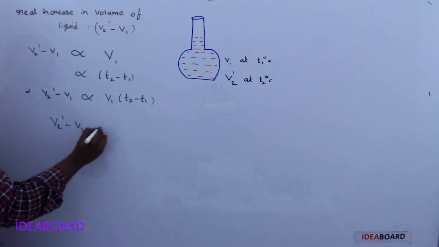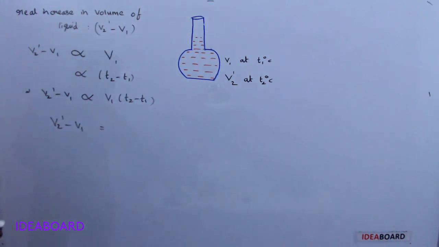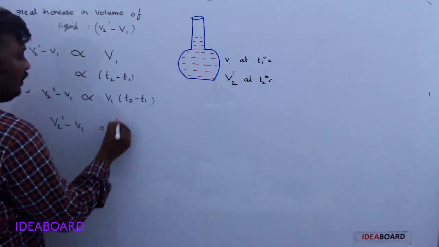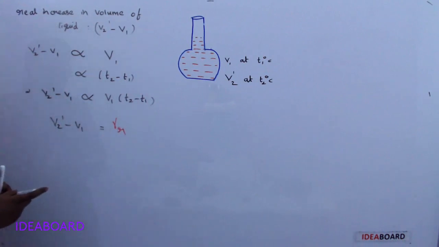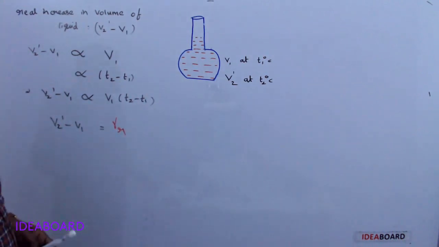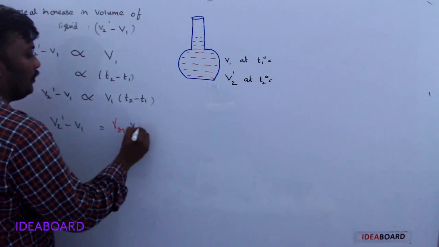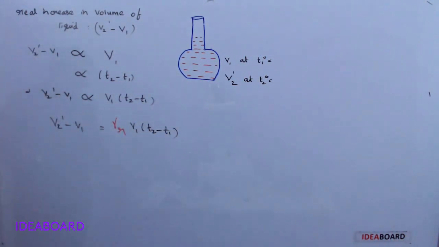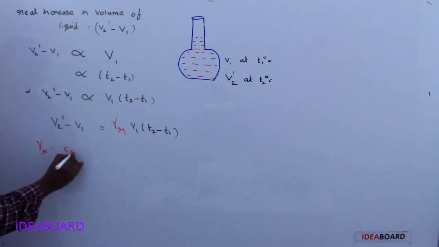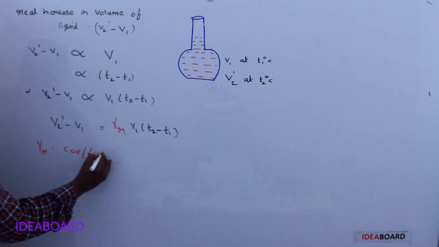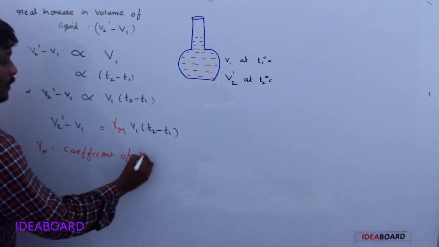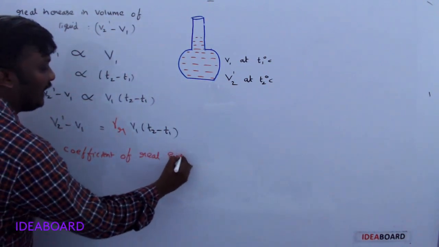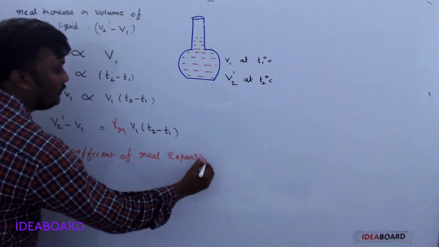So V2 dash minus V1 is equal to some constant of proportionality, here named gamma R, into V1 into T2 minus T1. Here gamma R is called the coefficient of real expansion of liquid.